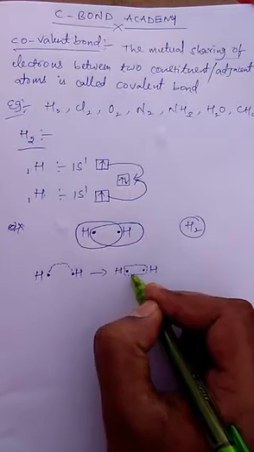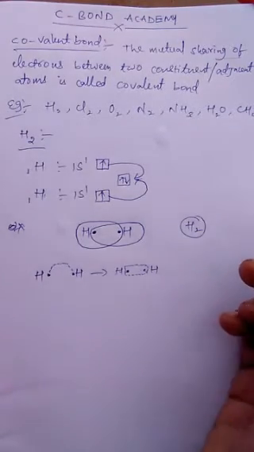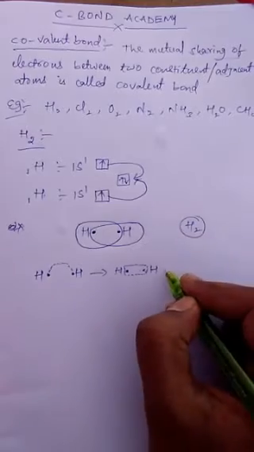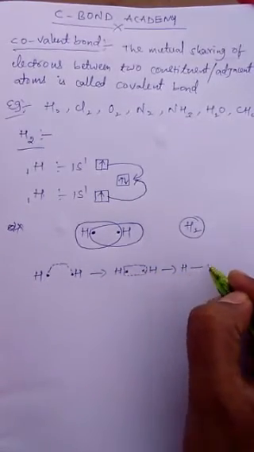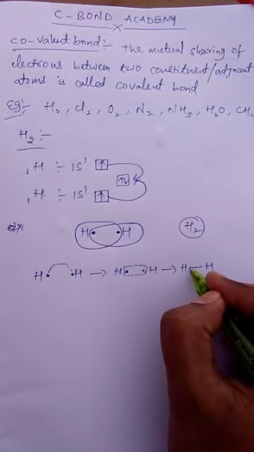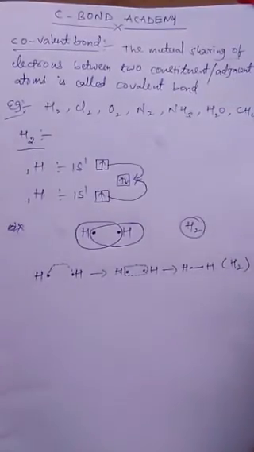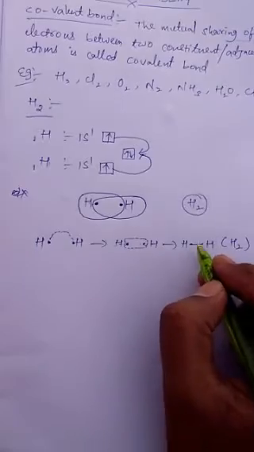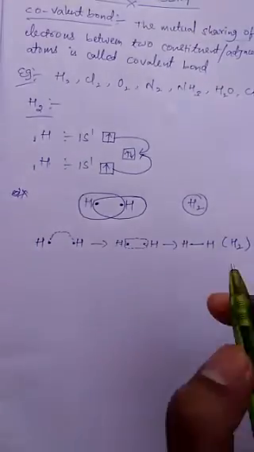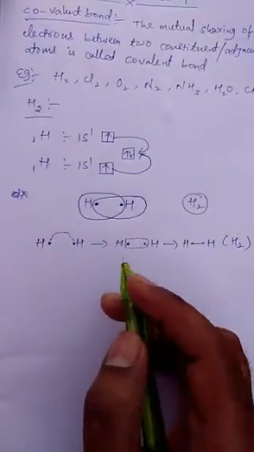One bond is formed between these two electrons. This is the partial representation only. Next, H bond H: here one electron, here one electron, and one bond is formed between them. Simply, the H2 molecule. How many bonds are present between the two hydrogen atoms? A single bond, one bond only. So that is the covalent bond in the hydrogen molecule.